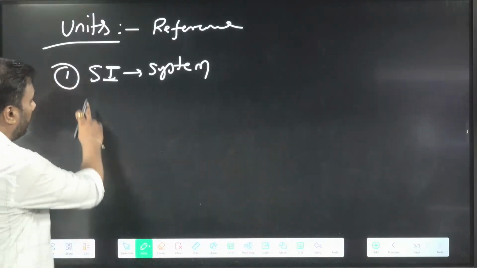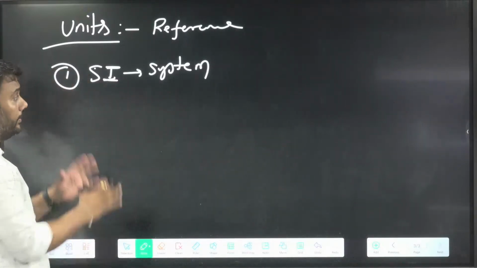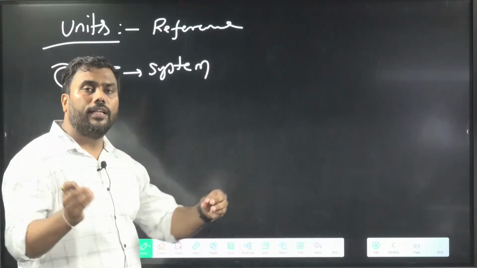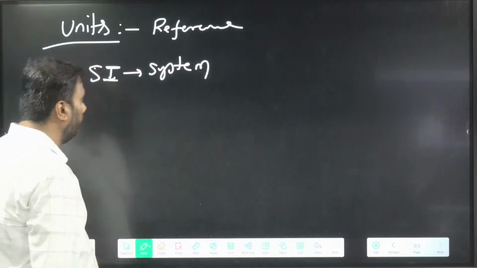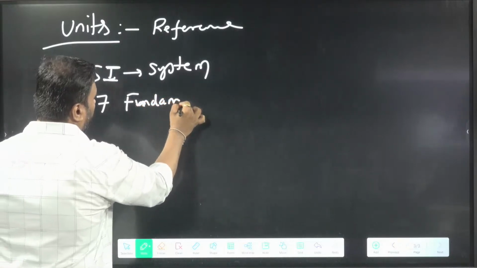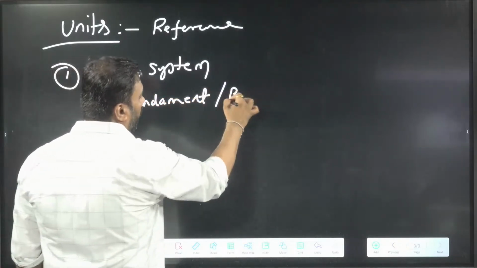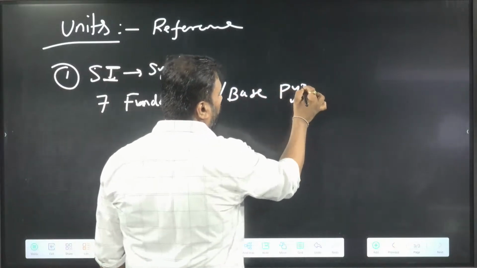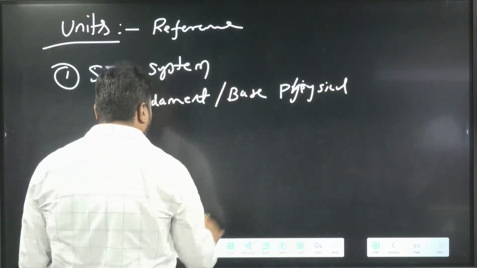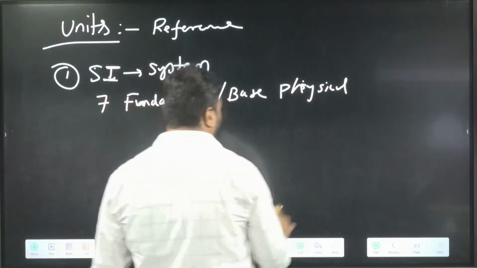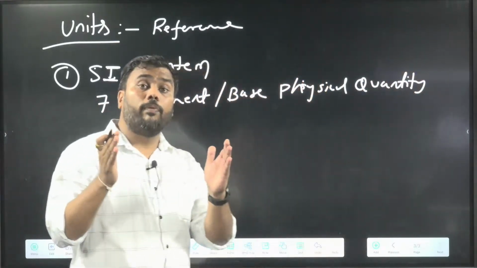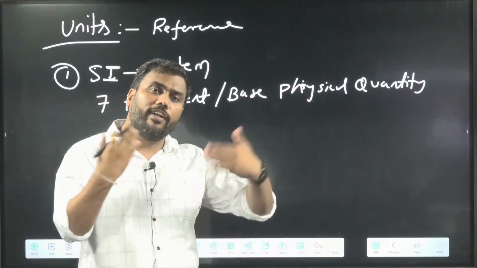So the SI system, or International System of Units, is a special system decided by the whole science community that we will use. In this system, there are 7 fundamental or base physical quantities. With the help of these 7 base quantities, we can define all other quantities.